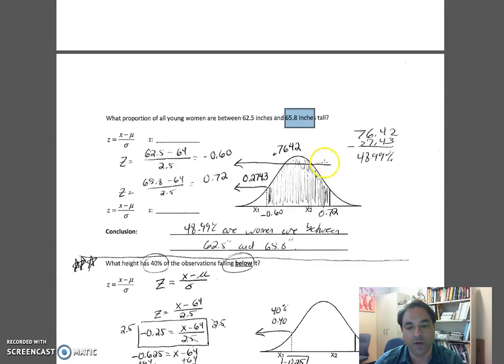That is from this point all the way to the left, so the 0.7642 includes shaded and not shaded. The 0.2743 is not shaded. So if I want to find just the in-between, I subtract them. 76.42% minus 27.43% gives us 48.99% of women between 62.5 inches and 65.8 inches.